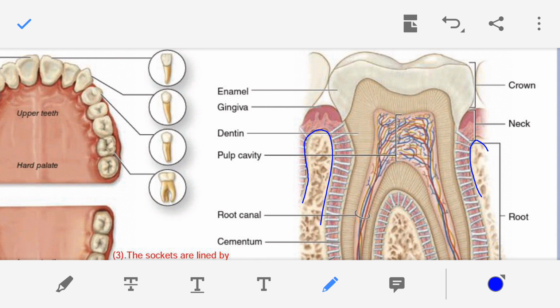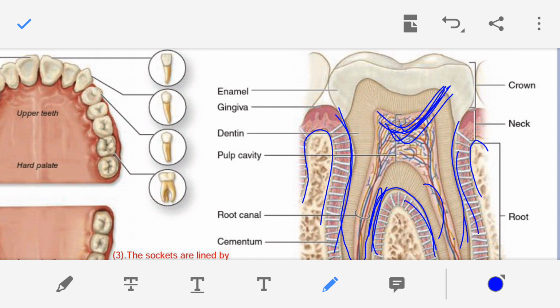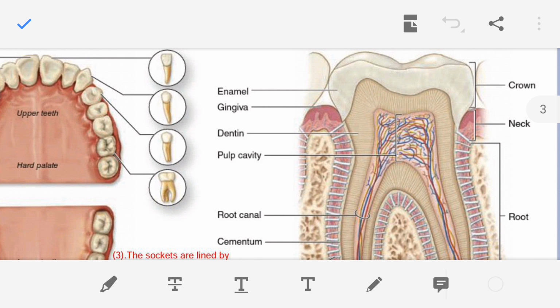If we remove this entire tooth from where it is located right now, then the empty part visible to us will be known as the socket. So this empty part without the tooth is the socket.